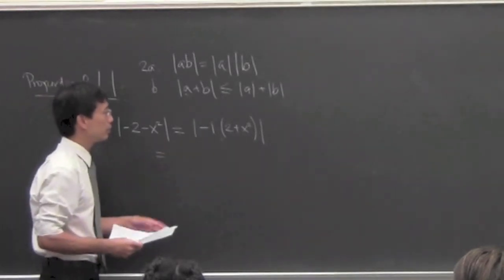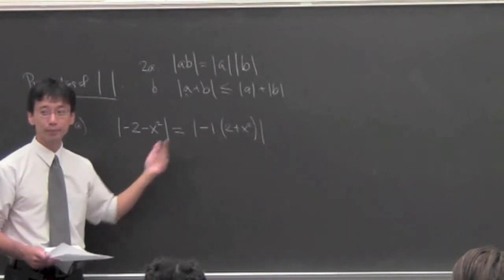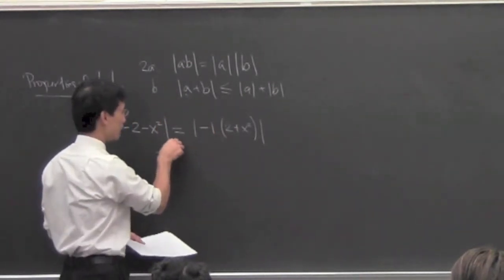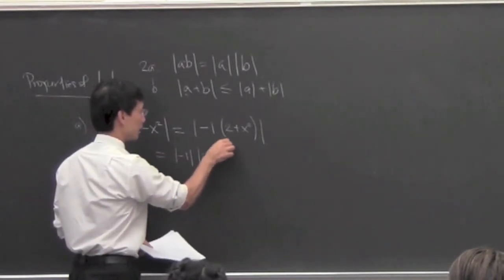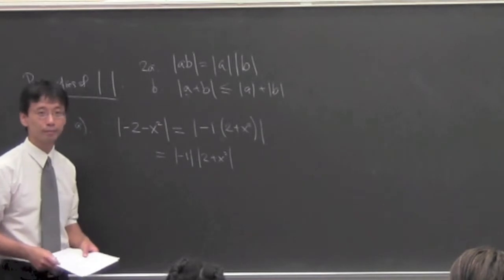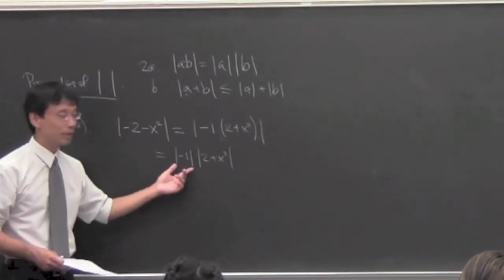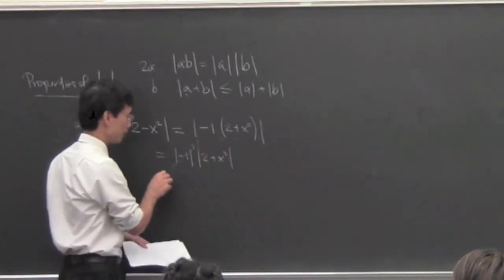Just using the properties of numbers, I factor out a minus 1 here. And then I'm going to use property 2 and say, okay, that's the absolute value of minus 1 times the absolute value of 2 plus x squared. Do you guys see that? Okay. What's the absolute value of minus 1? 1, right? So I can just erase that.